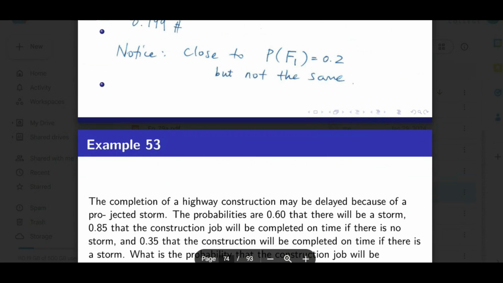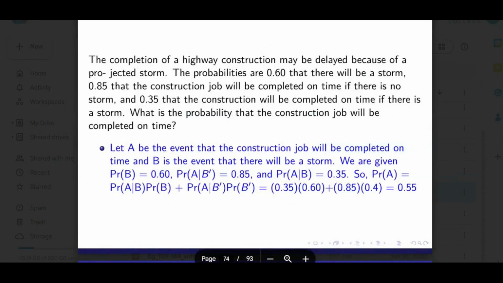Okay, so how do you get these numbers to mean? So first of all, was it clear to you that these two were conditional probabilities? Among those times where there was no storm, there's an 85% chance. But when there is a storm, there's only a 35% chance of being on time, something like that. And then we have this.